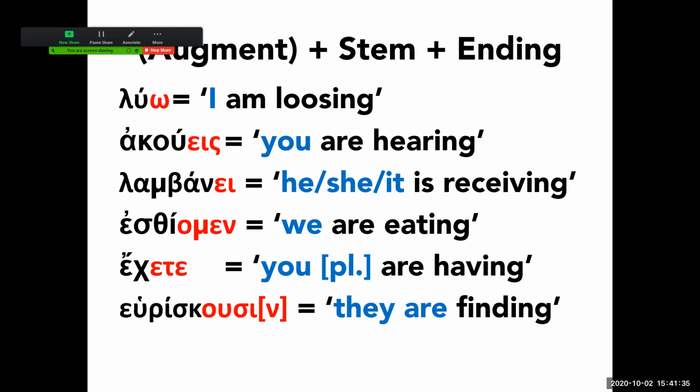You'll notice the third person singular in English is usually with an S, sees. He, she, it sees. I see, you see, he, she, it sees. I hear, you hear, he, she, it hears.